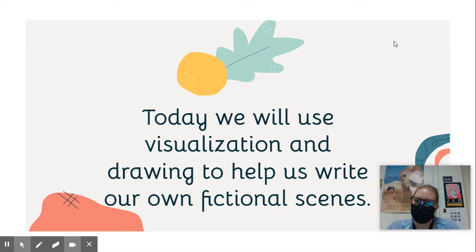But now we're going to kind of do the reverse of that. So we're going to visualize first what we picture for our own stories, and then we're going to draw it and use those drawings to help us create our written work.